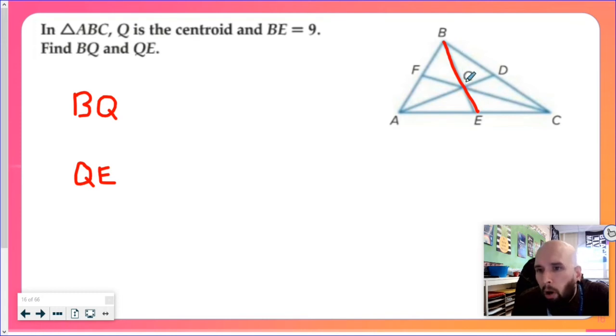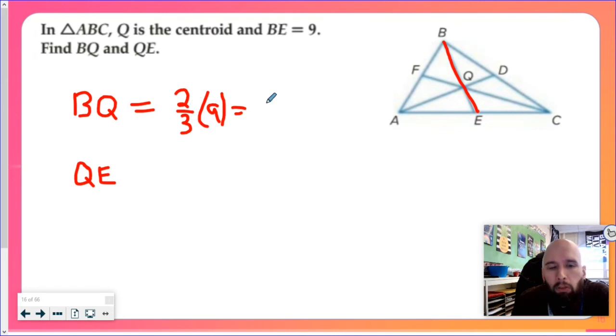BQ is the part of the line that goes through the angle, so the part from the centroid to the angle is 2/3 of the whole line. If BE is the whole line, then BQ is 2/3 of 9. 9 divided by 3 is 3, times 2 is 6. 2/3 of 9 is 6.